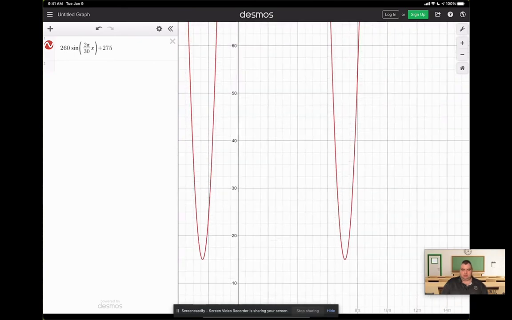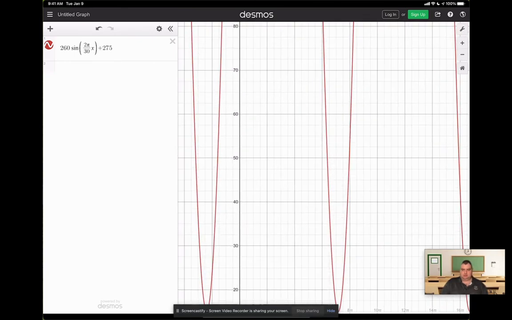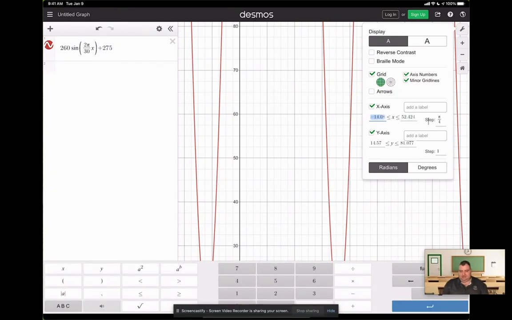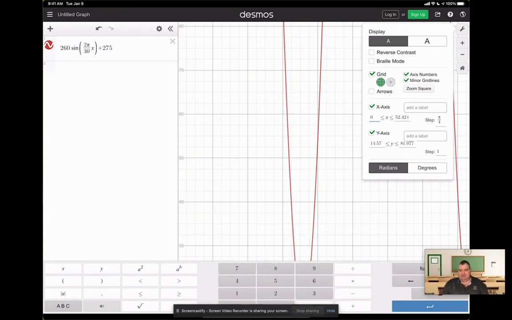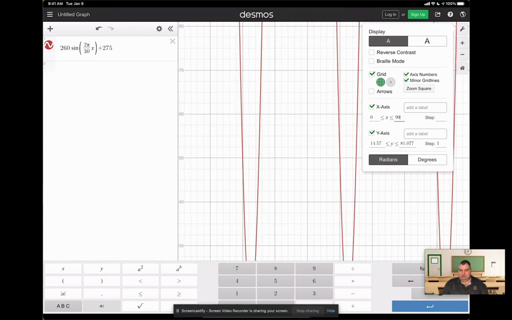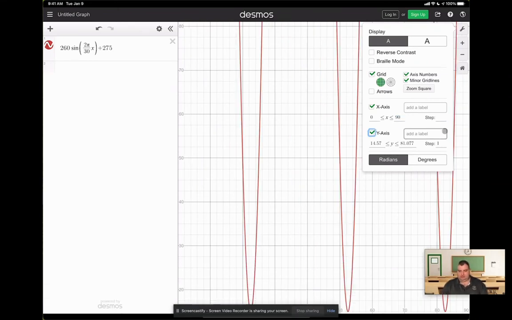So I'm going to mess around with the window here. Obviously I don't need to worry about negatives since we're talking about a Ferris wheel here. So let's go 0 to 90.